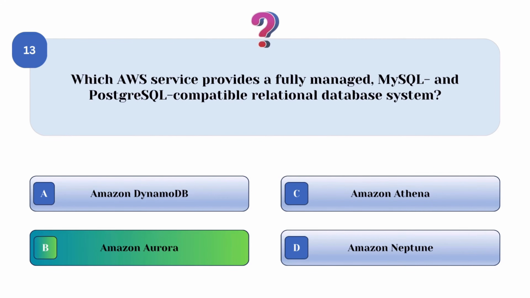Explanation: Aurora is a managed relational database that's compatible with MySQL and PostgreSQL, offering high performance and availability. Why others are incorrect? DynamoDB: NoSQL database. Athena: query service for S3, not relational DB. Neptune: graph database, not relational.